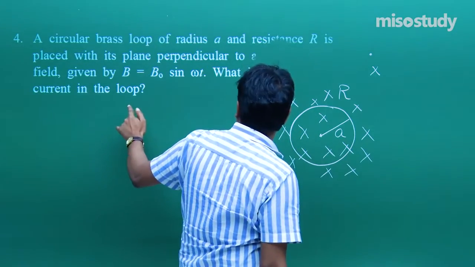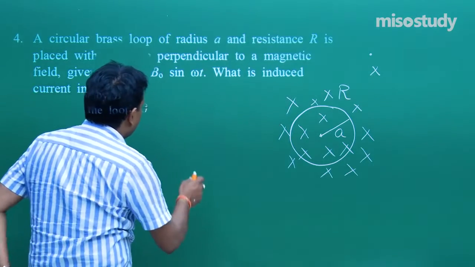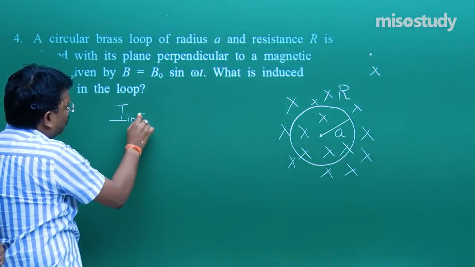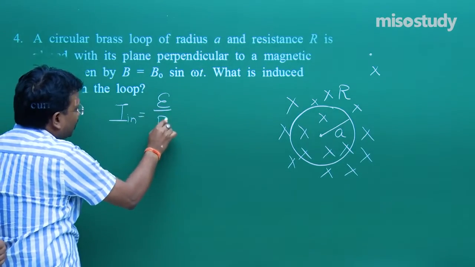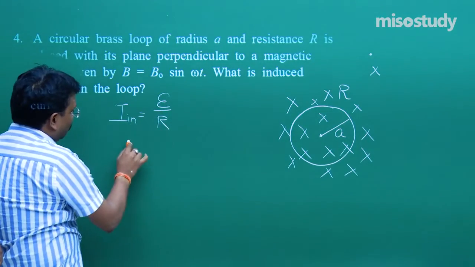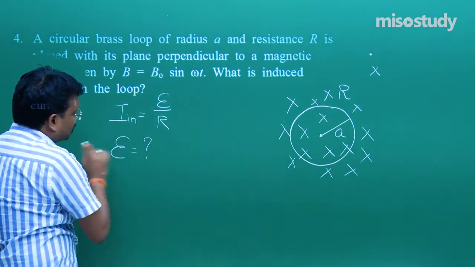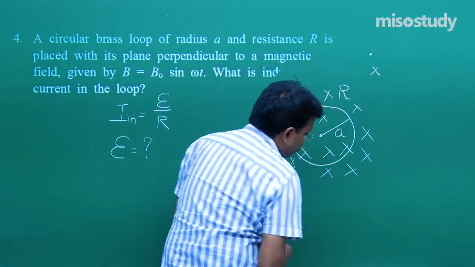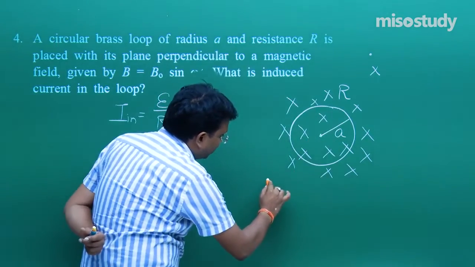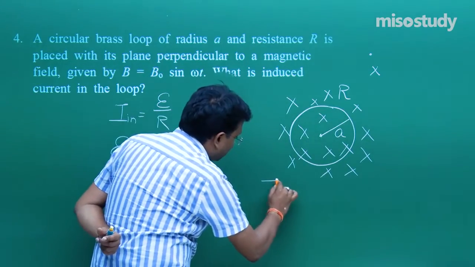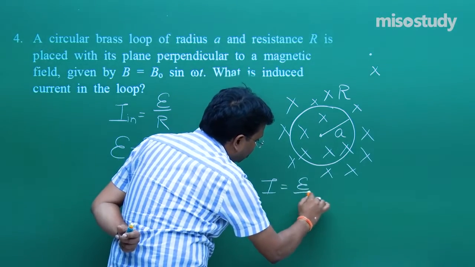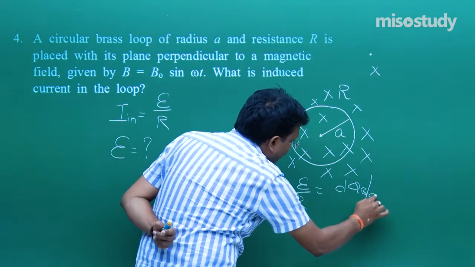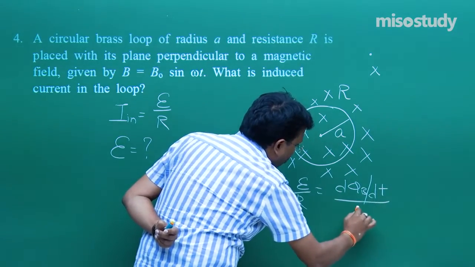Then I will calculate the current using the formula I induced is equal to EMF by R. Fine. So our first target is to calculate induced EMF. So from here I can write it down as I is equal to EMF upon R, which is equal to d phi B by dt upon R.